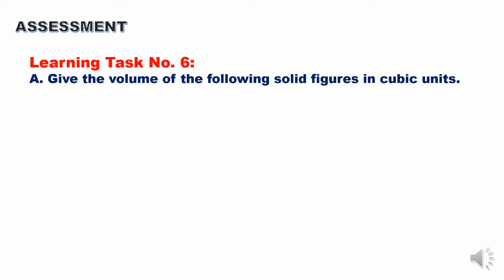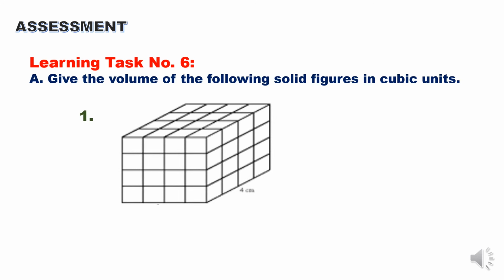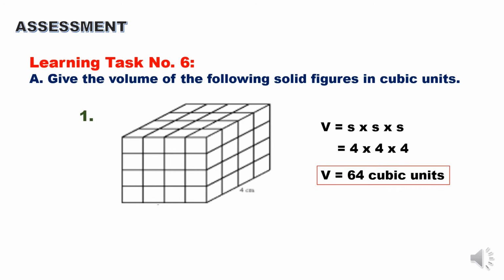Learning task number 6. Give the volume of the following solid figures in cubic units. Number 1, the side is 4. So since that is a cube, volume equals side times side times side. So 4 times 4 times 4 equals 64 cubic units.